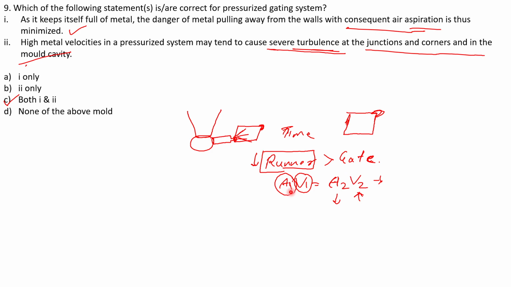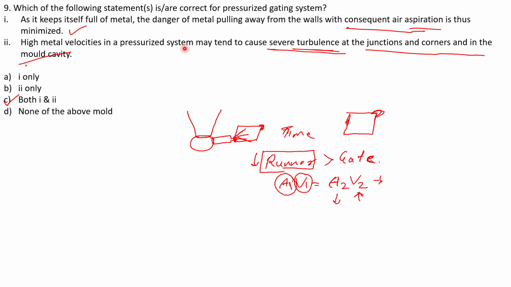So according to the continuity law, a1 v1 equals a2 v2, if runner area is a1 and velocity of the molten metal is v1 inside this area, when we are going to minimize the area of gate, obviously the velocity of the molten metal from gate area will increase, so it will create high metal velocity.